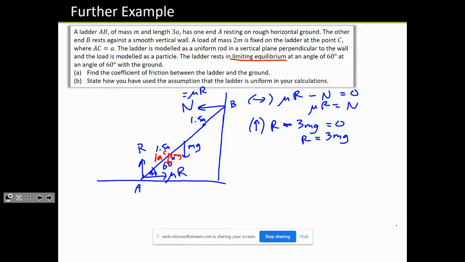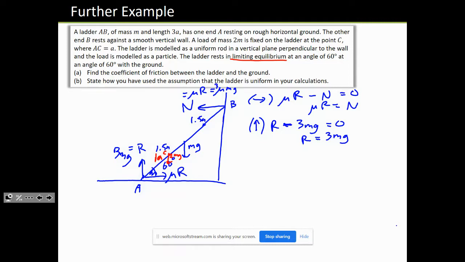Now I can think about moments. At this point here, I still have plenty of unknowns. But I do know that my R is now 3mg. And this is going to be 3 mu mg. So the only unknowns I've got now are my mass m, my length a, and my coefficient of friction mu, because R is now replaced and N is replaced as well.